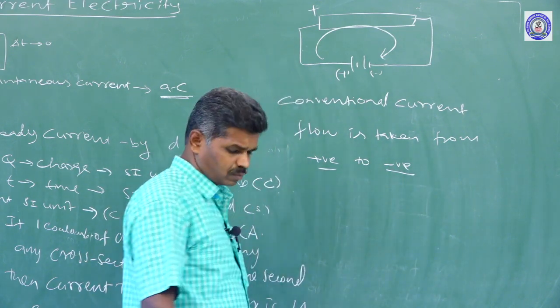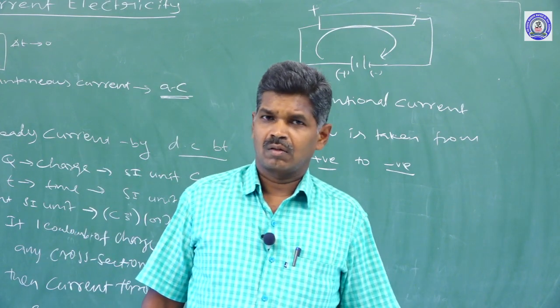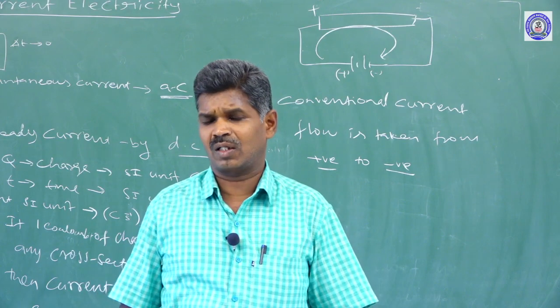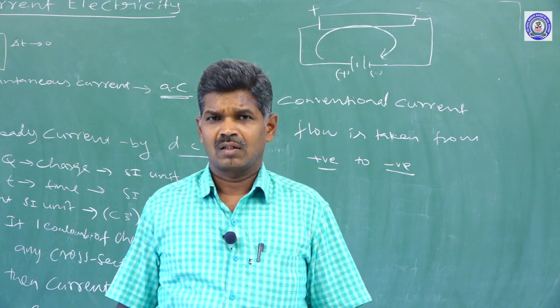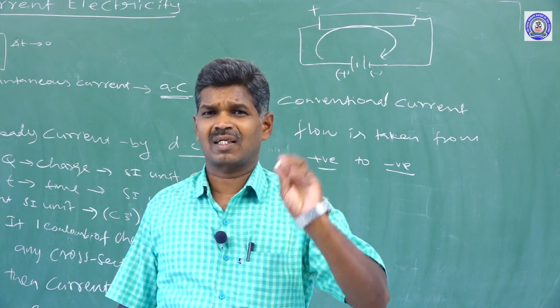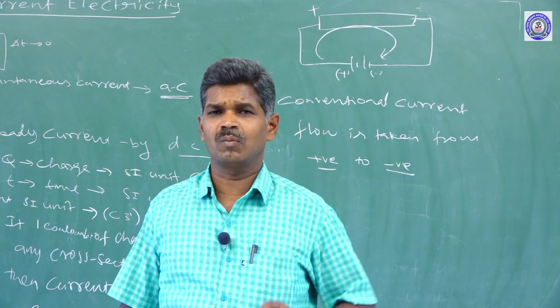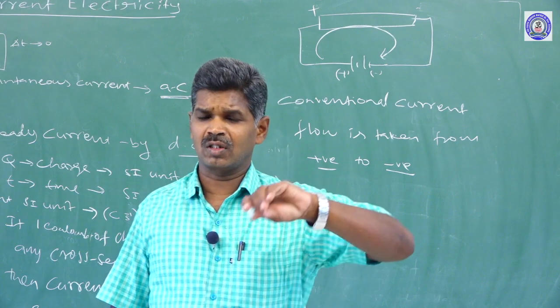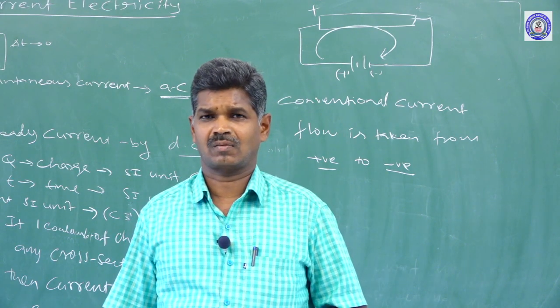Positive to negative, that is how we take the conventional current. Inside our conductor, only electrons move, in the direction opposite to the conventional current.